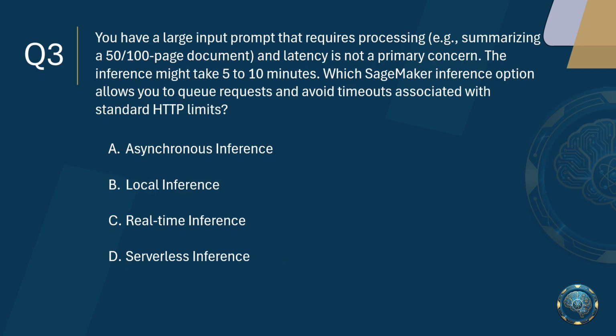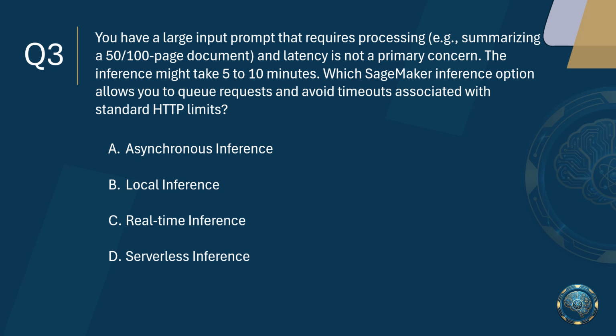Question number 3. You have a large input prompt that requires processing, for example summarizing a 50 or 100-page document, and latency is not a primary concern. The inference might take 5 to 10 minutes. Which SageMaker inference option allows you to queue requests and avoid timeouts associated with the standard HTTP limits?